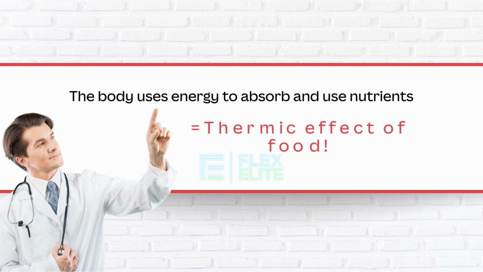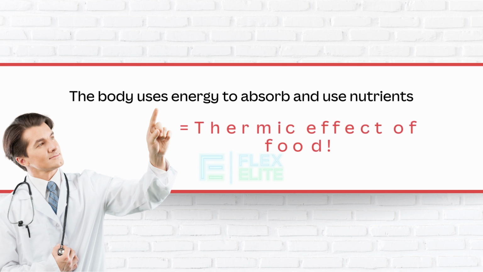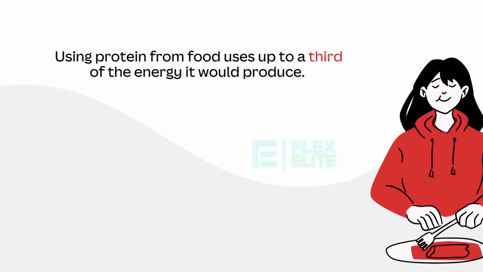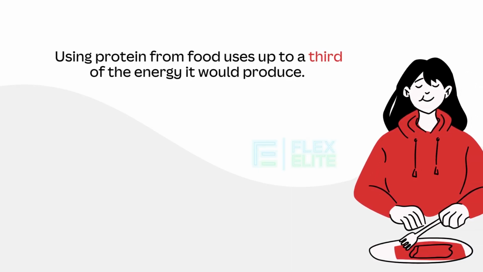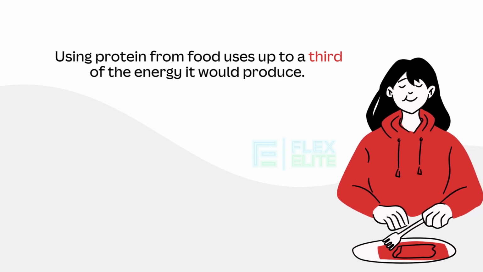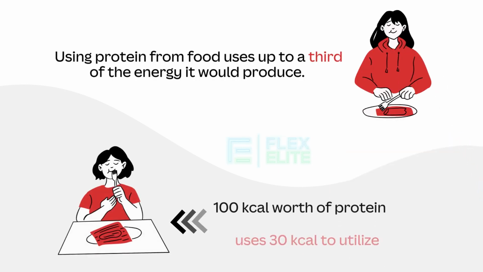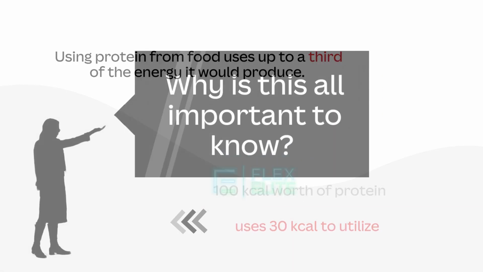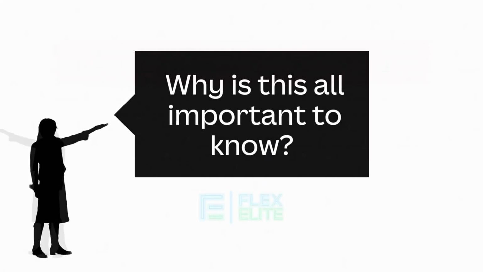The energy used for this purpose is called thermic effect of food. For example, utilizing protein from the food takes up to 1/3 of the energy that you'd get from it. Meaning that if you'd eat 100 kilocalories worth of protein, it would use 30 kilocalories to utilize this amount of protein in the body.